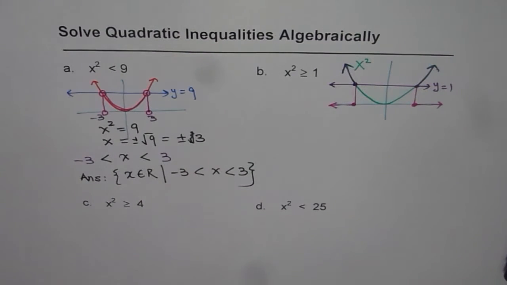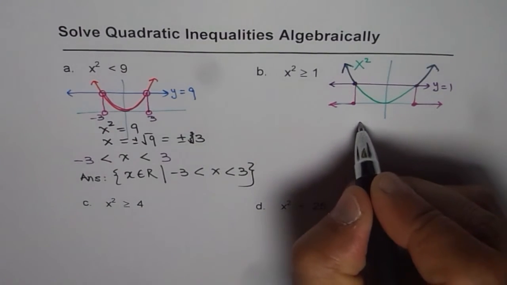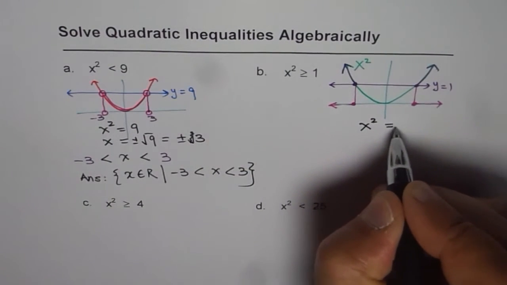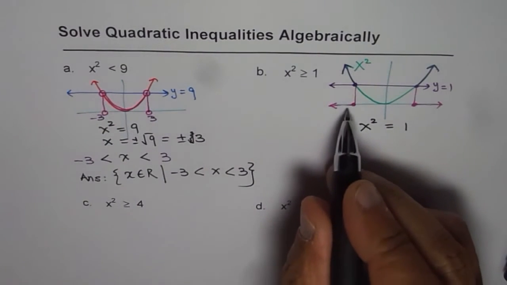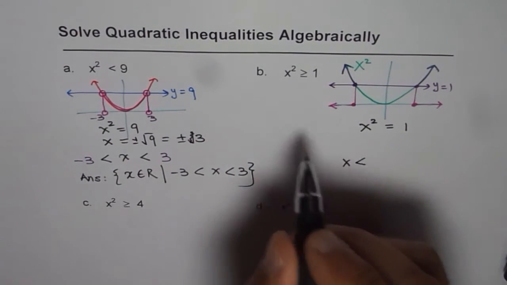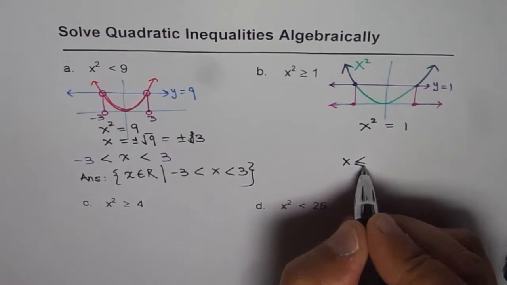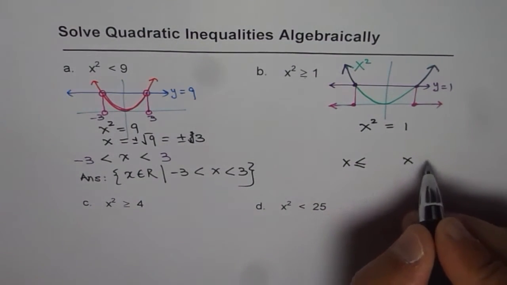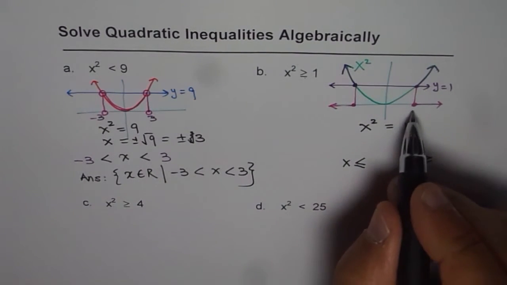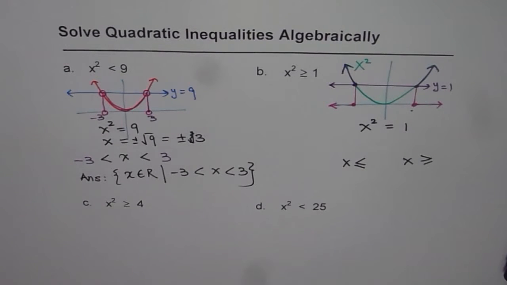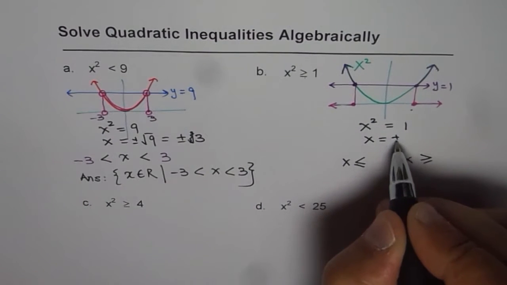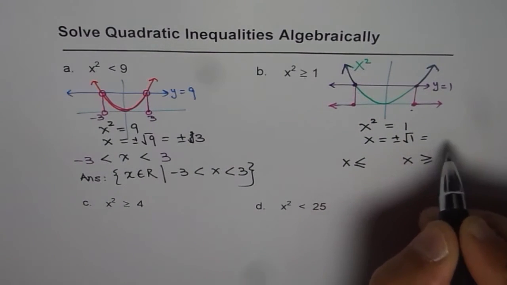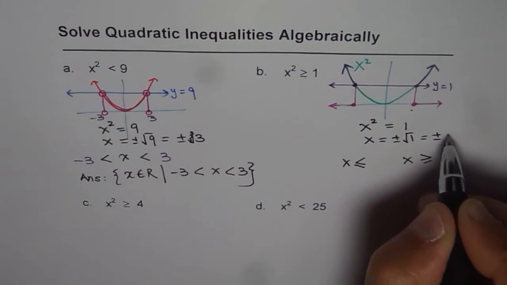Do you understand? So basically in this case, what are we going to do? 2 steps. First, we are going to solve for x squared equals 1, and then we will write down the solution: x is less than or equal to this value, since there is an equal to sign, and the other one is that x is greater than or equal to that point, correct? Now x squared equals 1 really means x equals plus or minus square root of 1, that is, plus and minus 1.